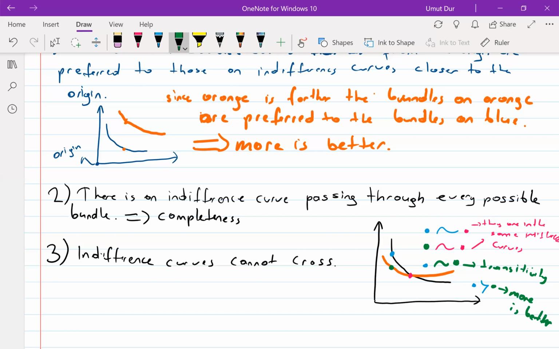So we have green is indifferent with the blue one, and blue one is better than the green one at the same time. That cannot happen at the same time. So this is a contradiction.